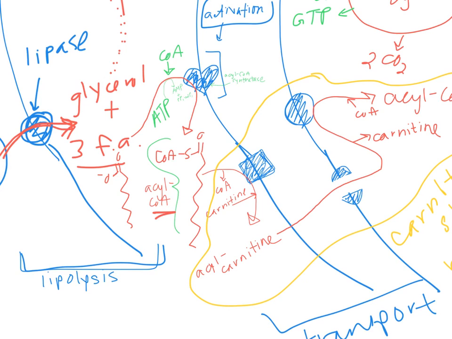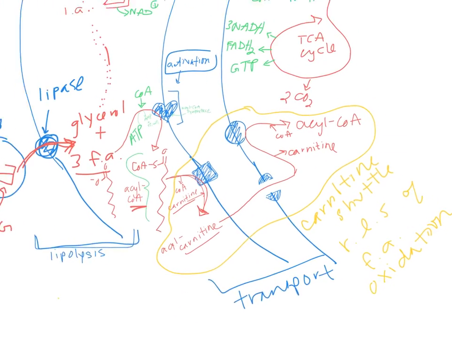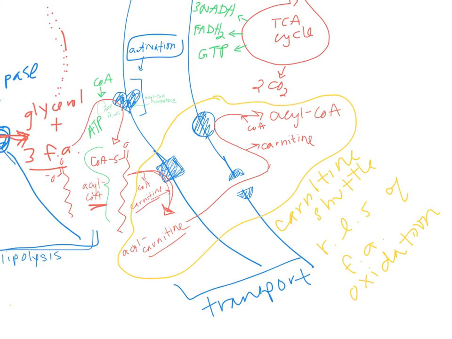Then the acyl-CoA, which also cannot be transported, the CoA is swapped out for a carnitine molecule, and I'll show you what that looks like in a second. And the acyl carnitine can transport across. And then on the inside, on the inner mitochondrial membrane, the carnitine is swapped back out for the CoA. And that process is the transport of the acyl group into the matrix.